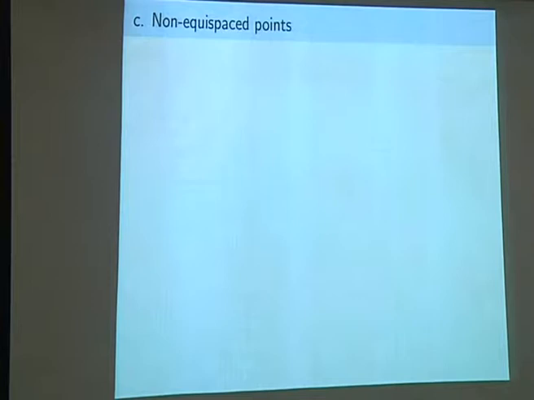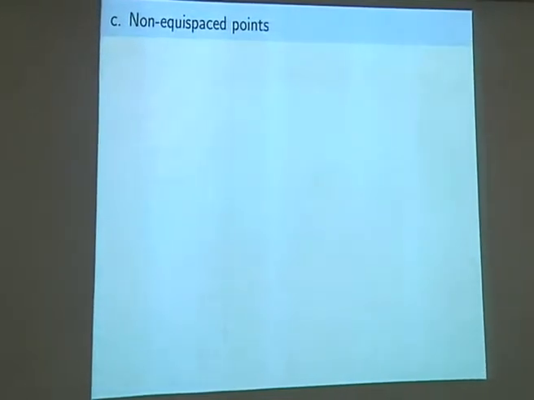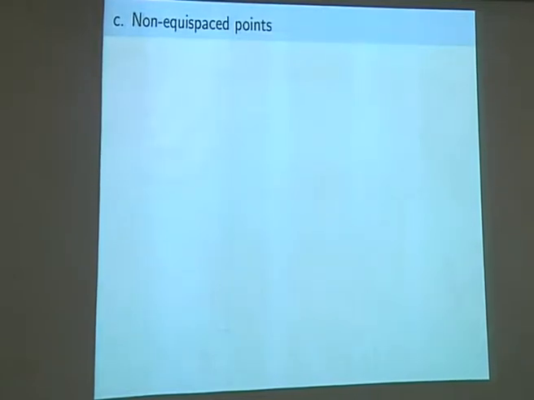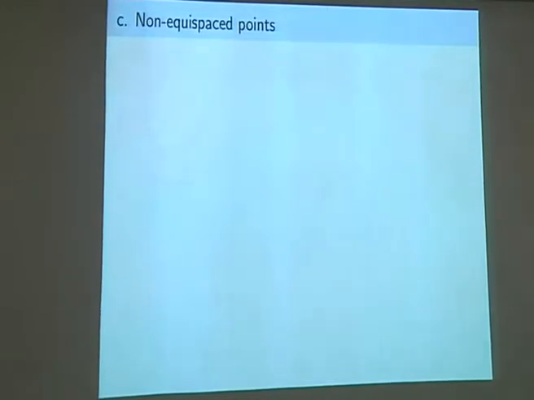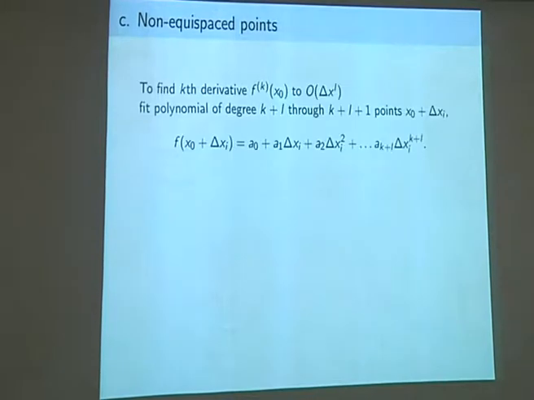Okay, I've assumed all the time, without telling you, that the points are equispaced, and it's very wise to have equispaced points because it gives you second order accuracy with central differencing. If you have non-equispaced points, you don't have central differencing. So how do you treat non-equispaced points?